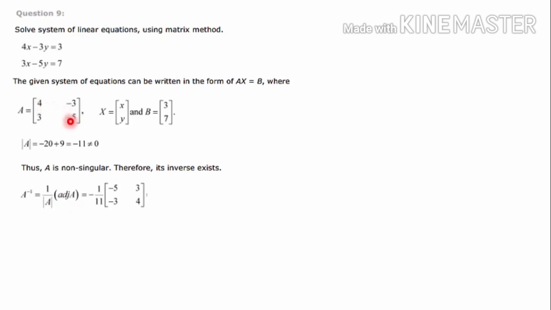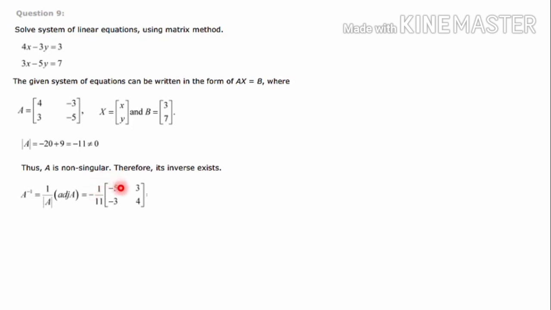That is 4 and minus 5, when you interchange it becomes minus 5 and 4. For 3 and minus 3 we have to change the sign. That means this minus 3 becomes plus 3 and this plus 3 becomes minus 3. So finally we have got A inverse as minus 1 by 11 into matrix minus 5, 3, minus 3, 4.